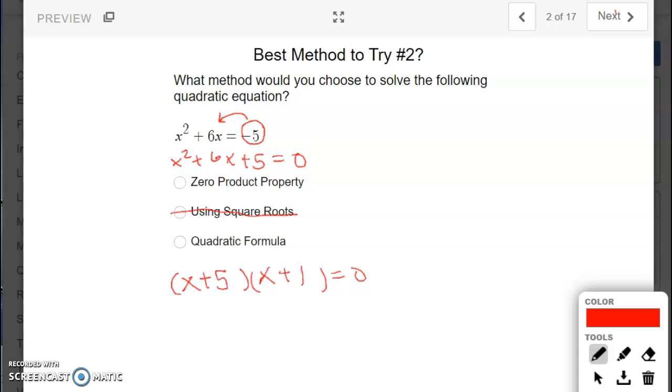And then from here, I know that I can set each factor equal to 0. So x is equal to negative 5, and x plus 1 is equal to 0, so x is equal to negative 1. So zero product property will be the method of choice for this one also.